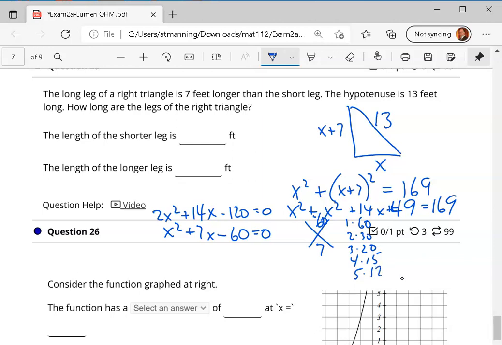So 12 minus 5, and therefore that's equal to (x plus 12) times (x minus 5). Well, a length of negative 12 doesn't make sense, so a length of 5 makes sense.